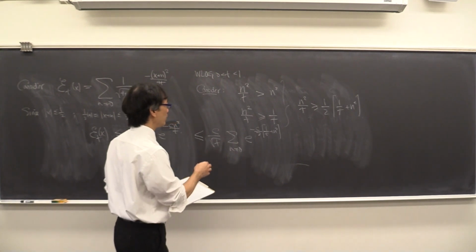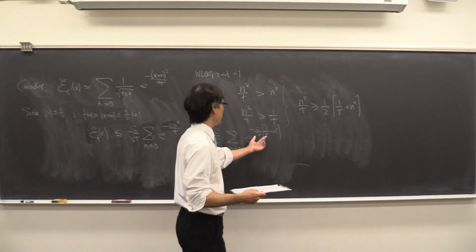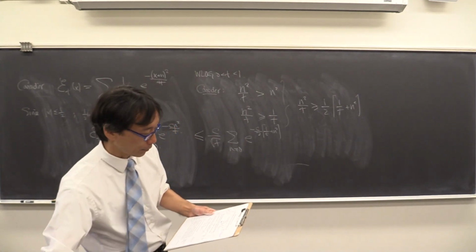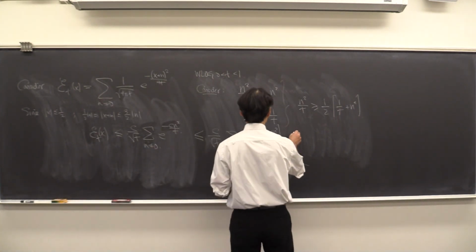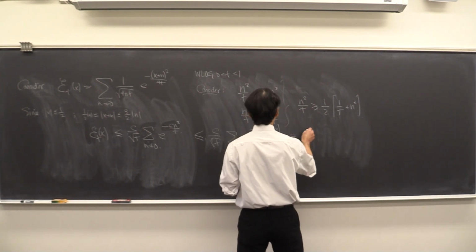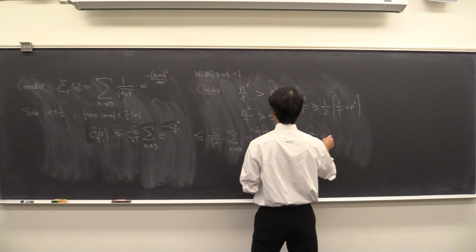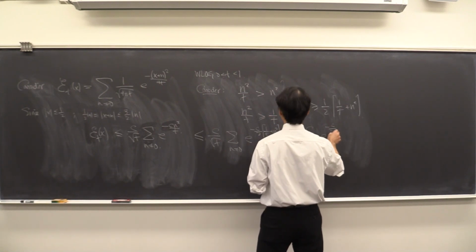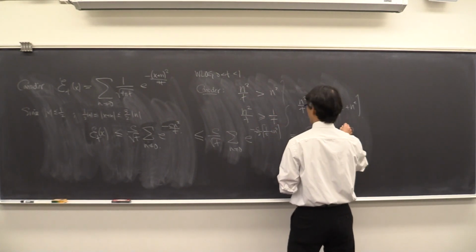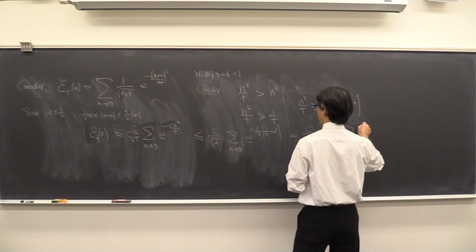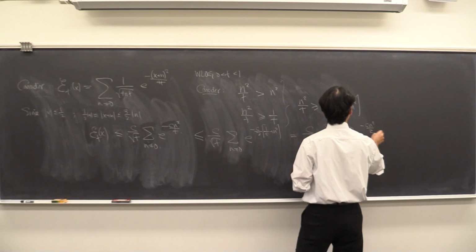But now we can pull out the 1 over t terms, and we get that this is equal to c over root t, e to the negative c over 2t, summation n not equal to 0, e to the negative c n squared over 2.